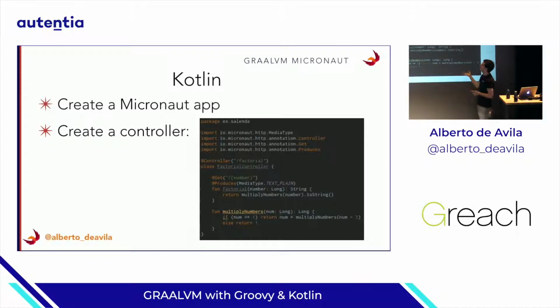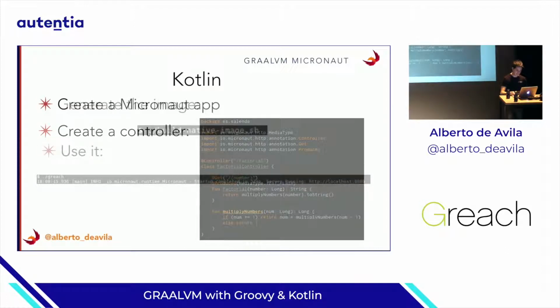Once we have that, we only have to create a controller, the factorial controller, annotated with the Controller annotation and the path for the controller, and we create an endpoint to calculate the factorial. This is not important. Let's see what's important here to generate the image.